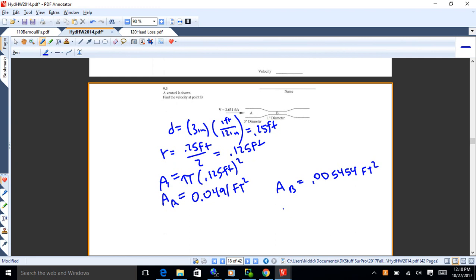All right, and then you've got the velocity coming in, so you can find the flow rate at A, which would be V A times A A, and when you do that, you'd get 0.1782, and that'll come out to be cubic feet per second.